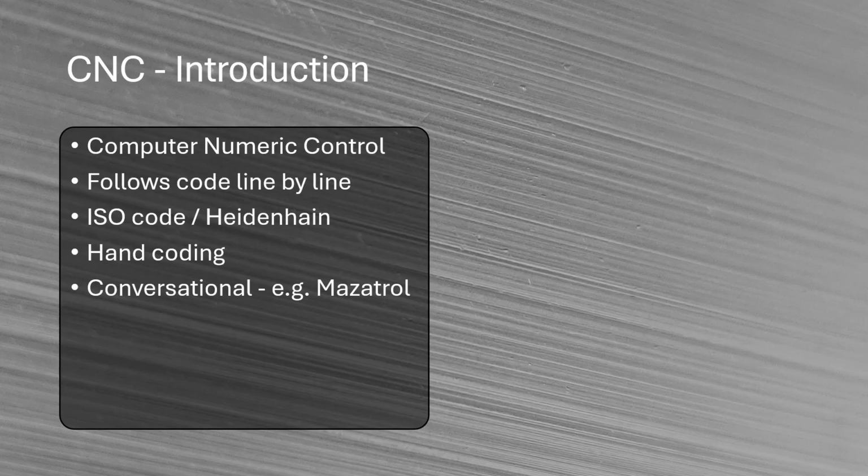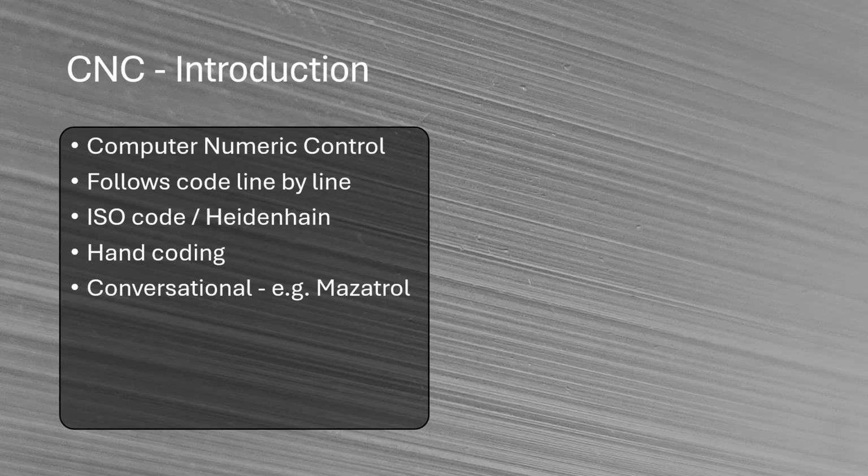Another very common way of programming, just in general, is conversational. It's called konversationellt på svenska. One such system is, for example, Mazatrol. That's developed by Mazak, which is a mill and lathe manufacturer.